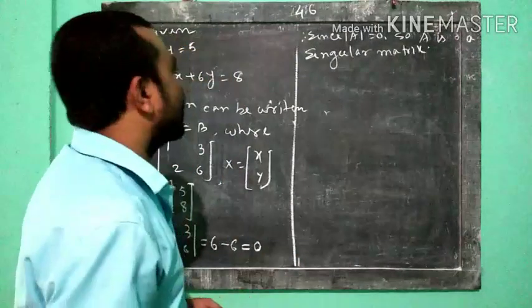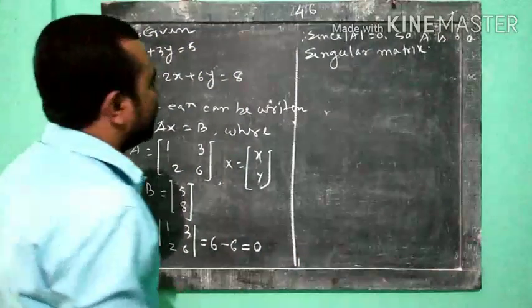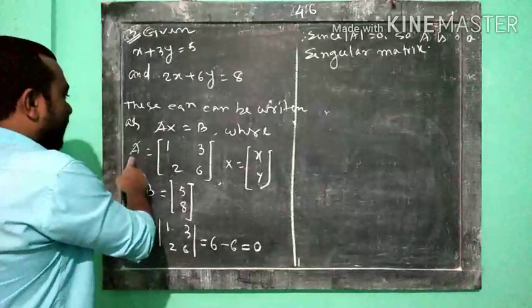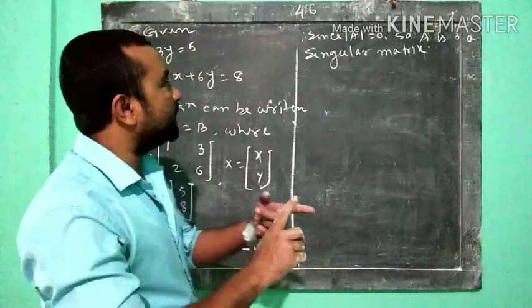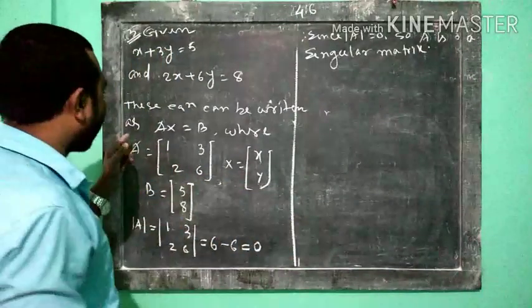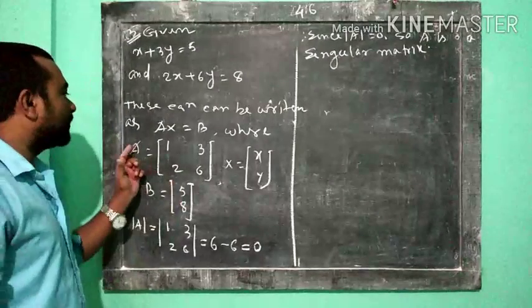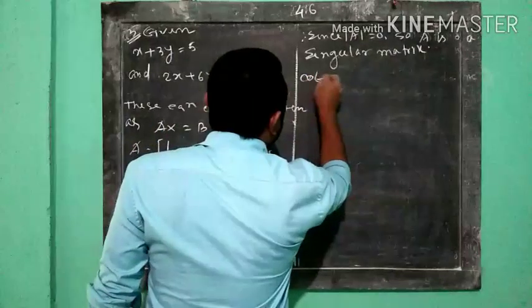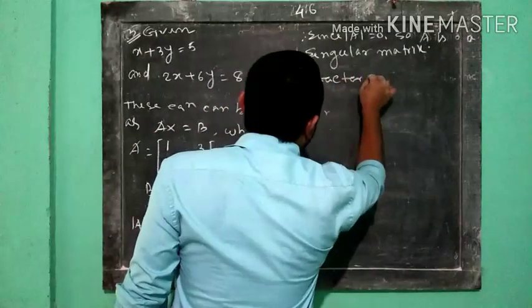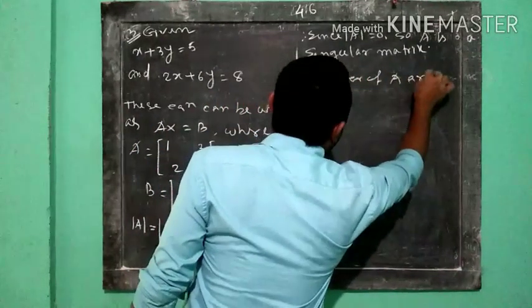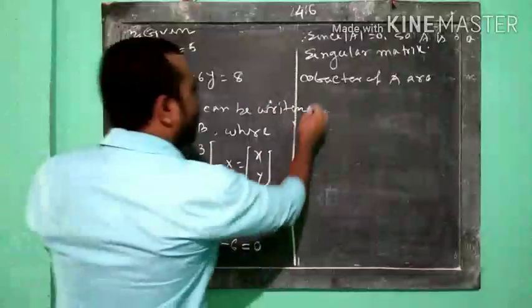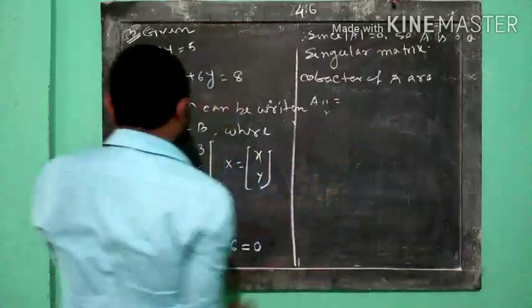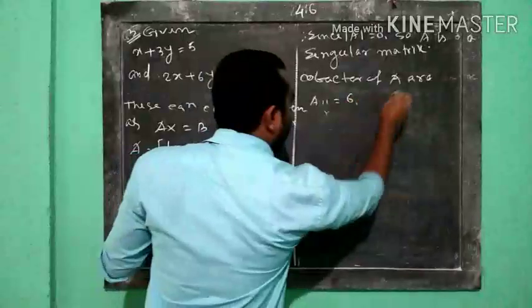We have to find the adjoint of A into B. First of all, to find the adjoint, we find the cofactors. The cofactors of A are: A11 is 6, A12.